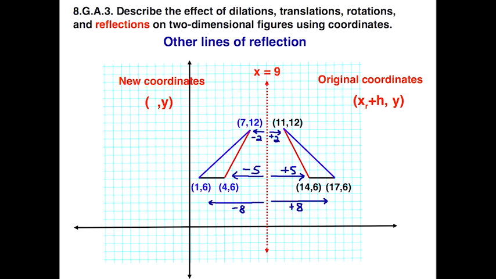So for the original, I was so much of a distance to the right of the line of reflection. And then notice that once the reflection happened, I was the same distance from my line of reflection, but in the opposite direction. And that's how come you have the opposite of h as far as the distance. So in one case you're going to reflect to the right, and in the other case you're going to reflect to the left.